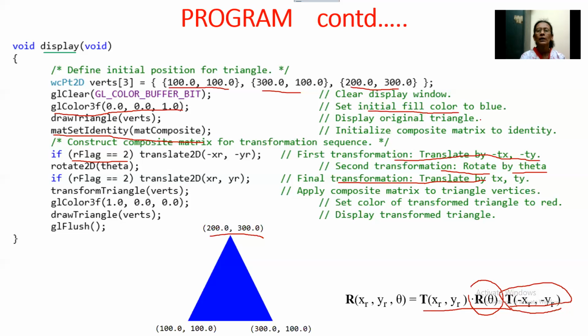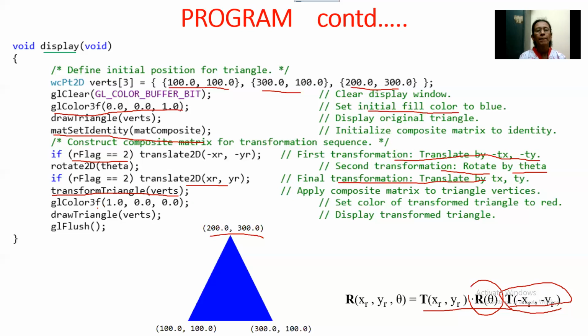So if r flag equal to 2, then I go to translate. Then I do rotate. This is for both the options. And then again, if r flag equal to 2, I do this translate by xr yr. Then I do transform triangle vertices. This will apply the composite matrix to the triangle vertices.